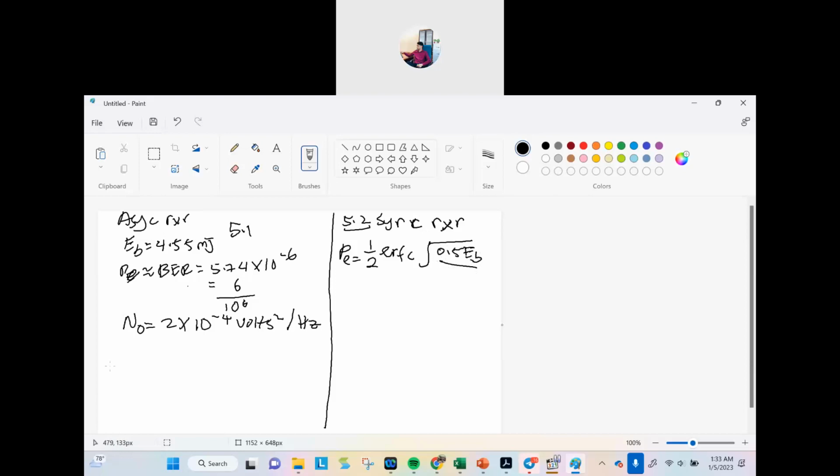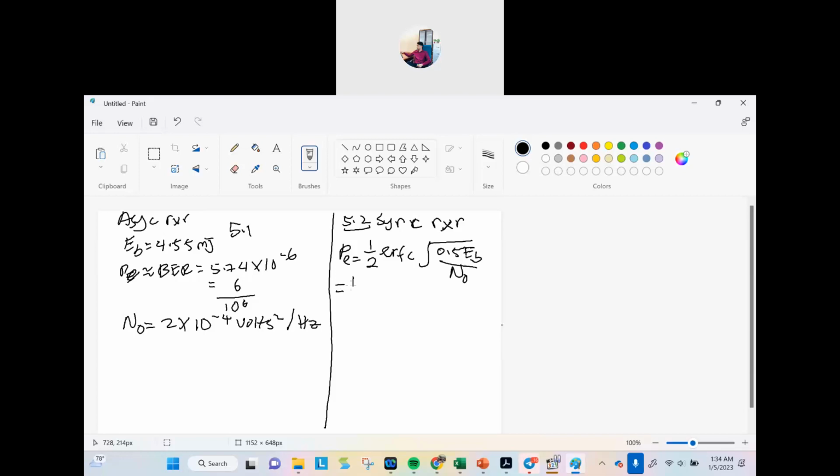This equation is for double-sided, but the same formulation can be used. So 0.5 EB over N naught. We just write the general equation first.